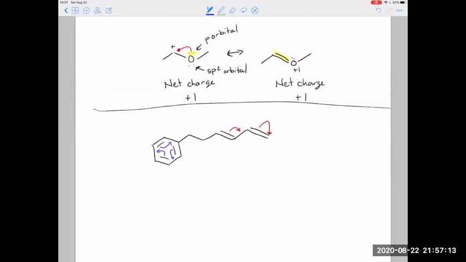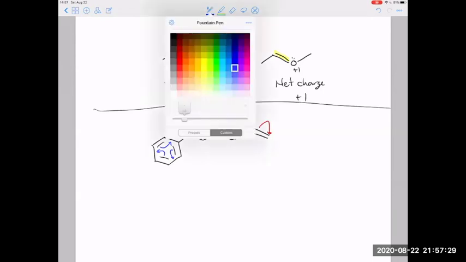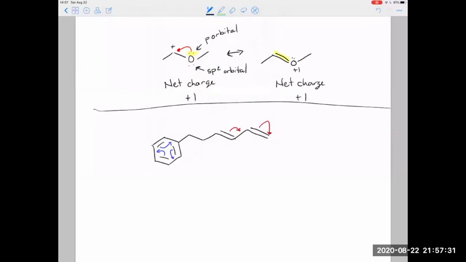So then if the question came up, draw all of the resonance structures, would it be kind of A true, B true, A false, B true, A true, B false kind of thing? It would be a cruel question, I would say, just because it's a little complicated. But really what you would have to do is make sure to draw every possible iteration of this molecule.